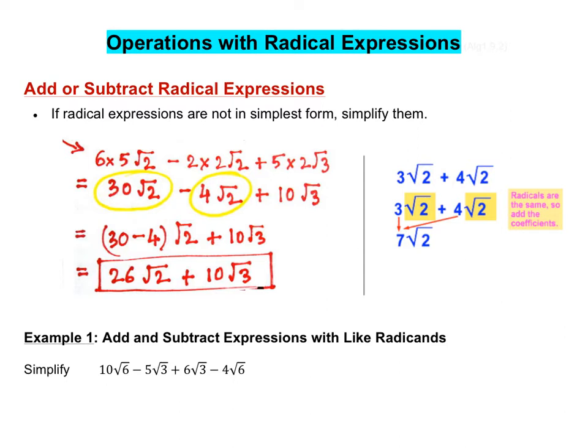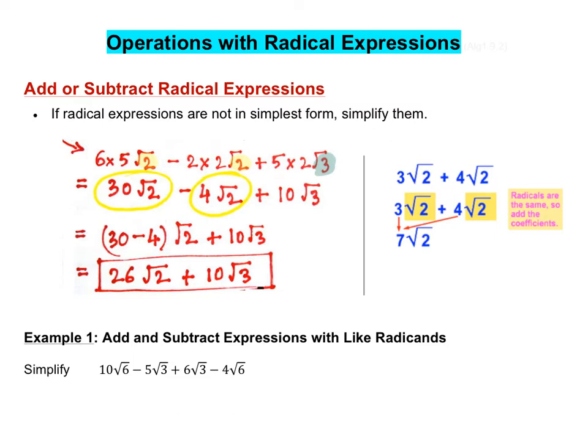And in our example, you can see that we have a square root of 2 here, a square root of 2 here, and then we've got a square root of 3 here. So we need to simplify what's going on. 6 times 5 root 2 gives us 30 root 2.